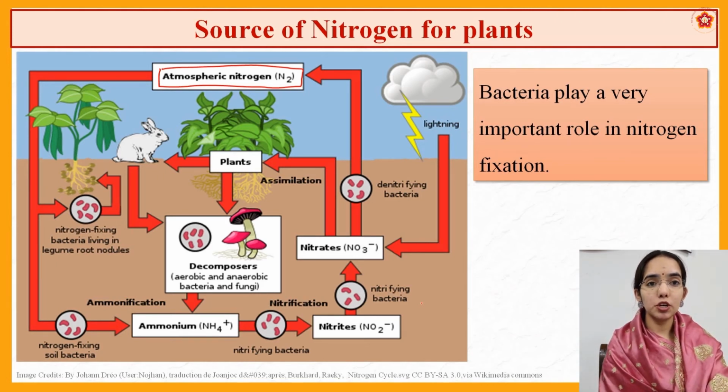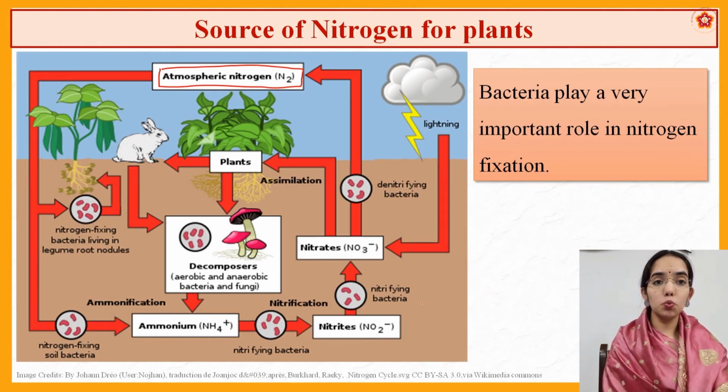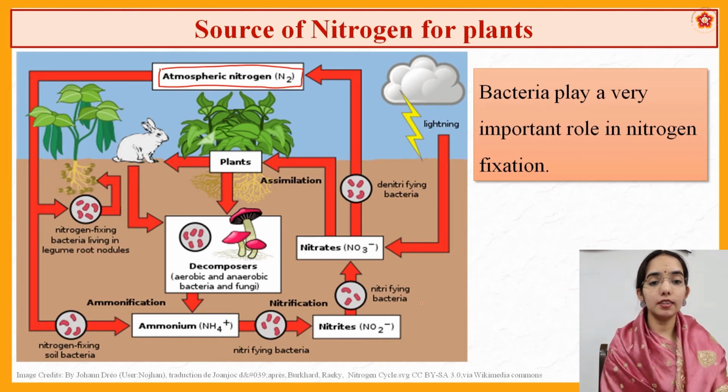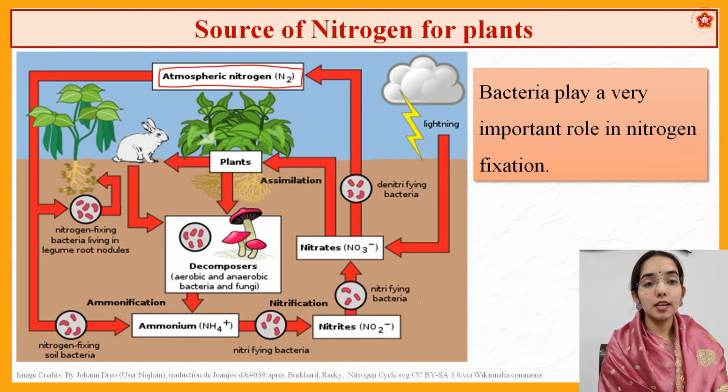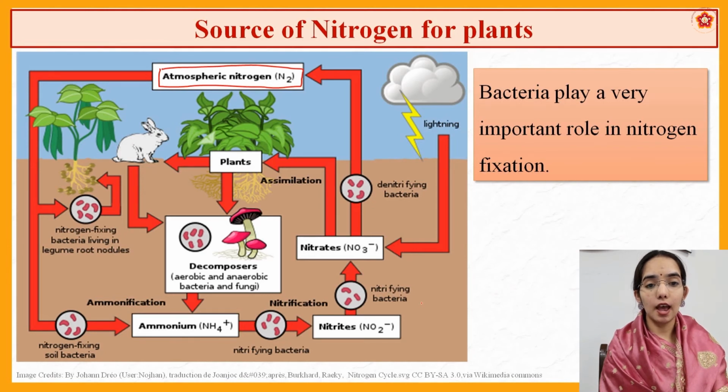In this picture here, you might be seeing a cloud and then there is lightning. So students, what happens is that whenever there is a thunderstorm and then there is lightning, a chemical reaction occurs in the atmosphere, in the sky.